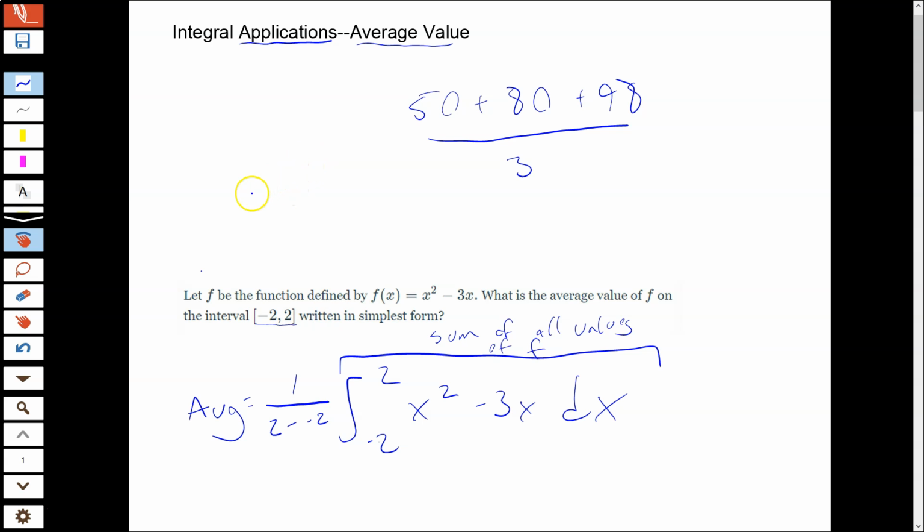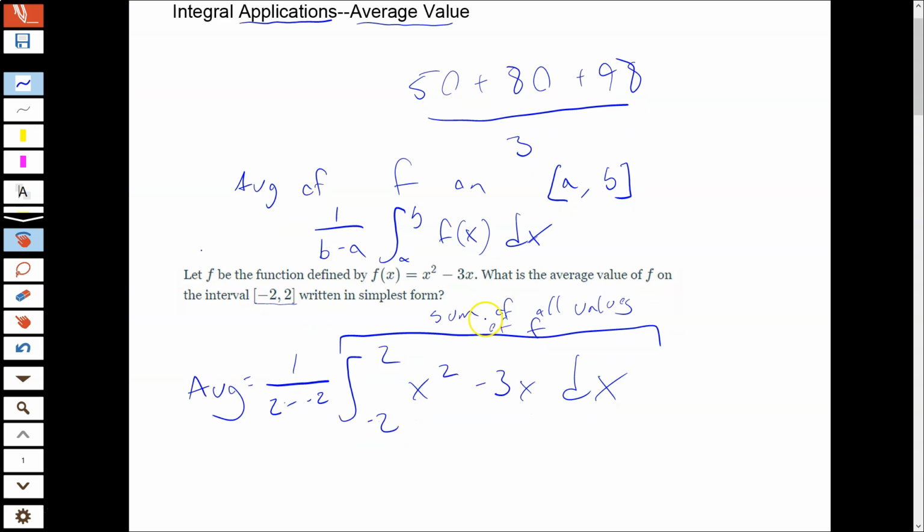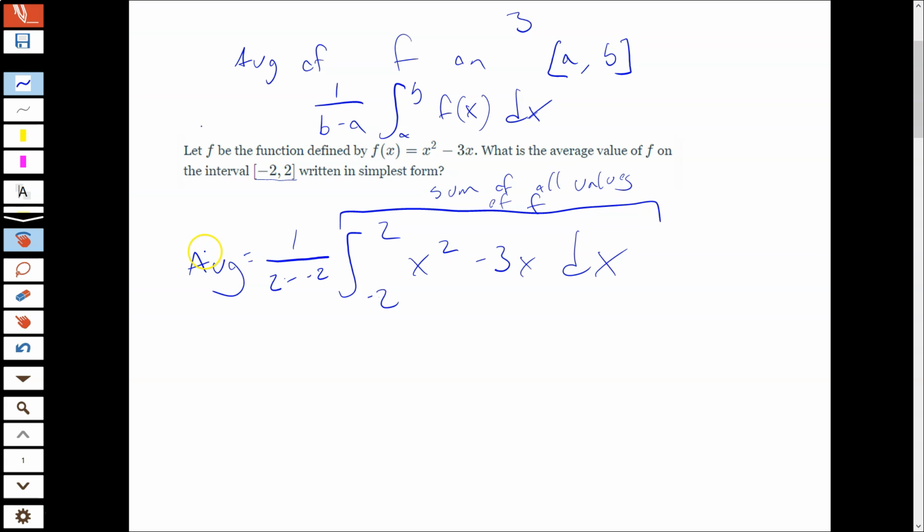So the average of f on an interval a to b is 1 over b minus a, so that was my 2 minus -2, times the integral from a to b of f of x dx. Okay, and that's it. That's the whole lesson. And the rest of the math you guys already know how to do, so I'll finish this one. But you'll have an easy time with it as long as you know to set these up.